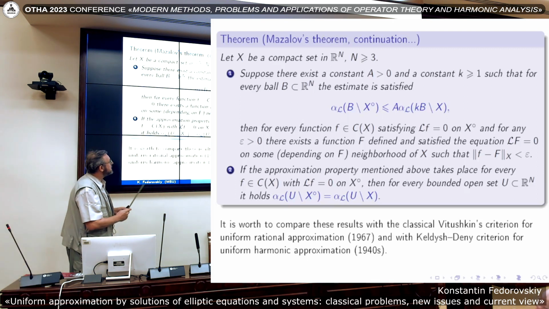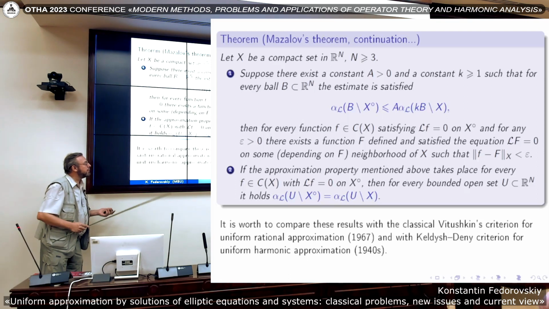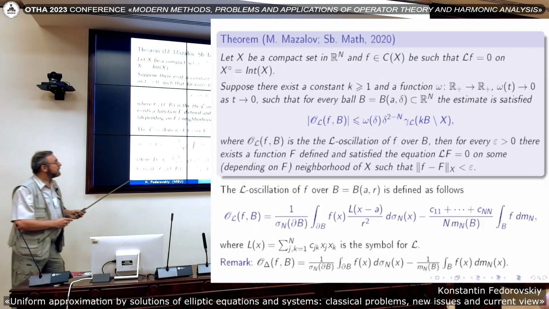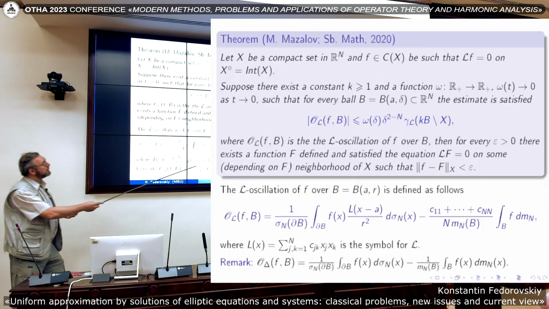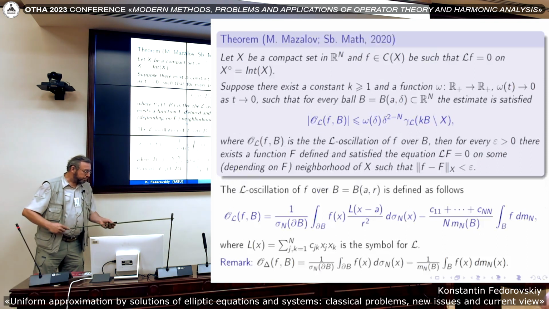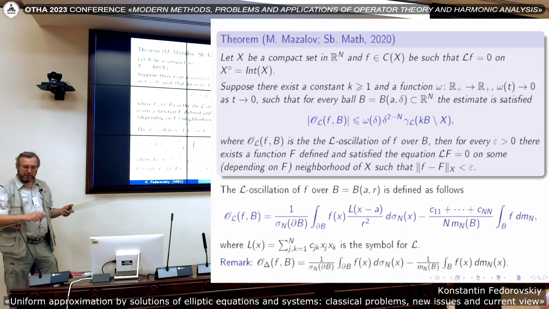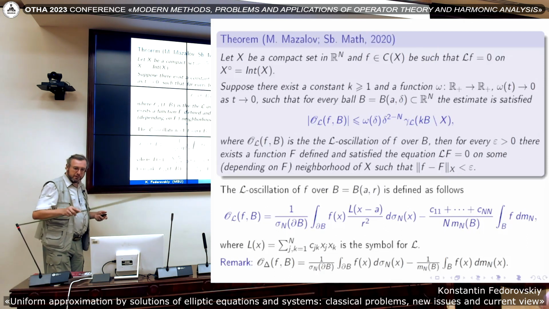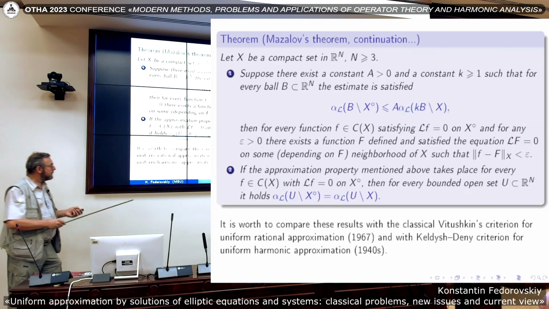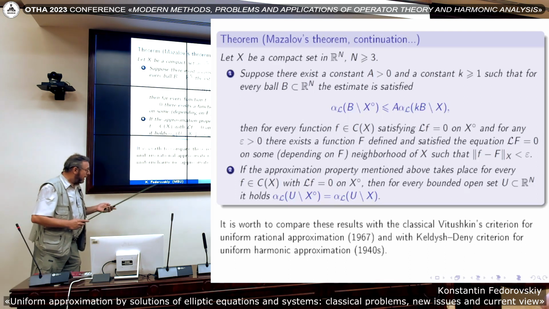Of course, this result is very interesting to compare with the classical Vitushkin theorem about uniform rational approximation. In the case of an individual function, the important ingredient there was just the estimate of the integral of a function of the complex variable over a circle, an arbitrary circle, and, of course, the Keldysh-Denny criteria for uniform harmonic approximation.